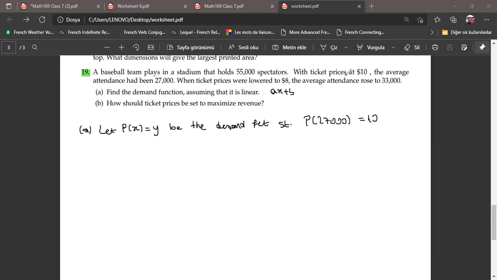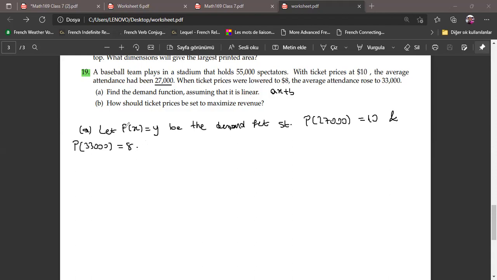So if the ticket price is $10, then the attendance is here, right? So when it's $10, we have this many people. What else do we know? When it's $8, we have this many people, so we also have this.